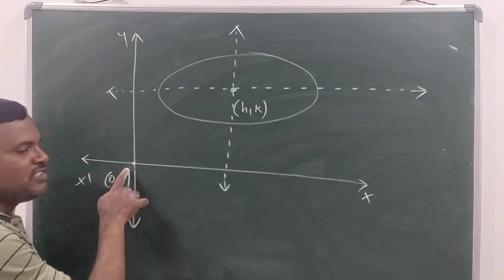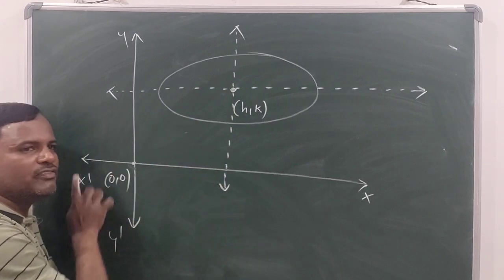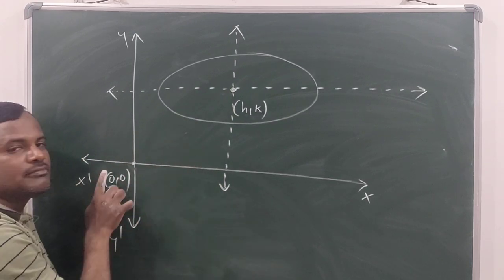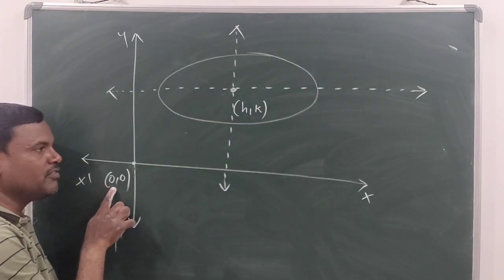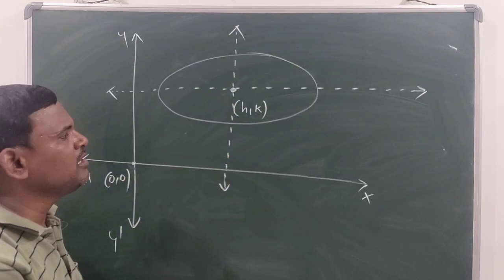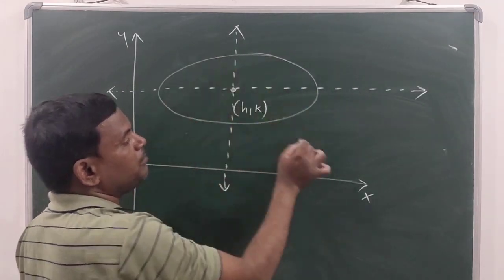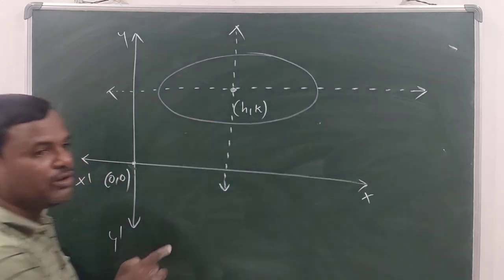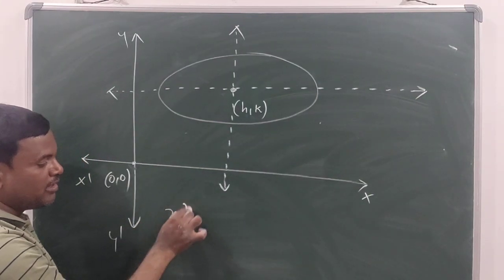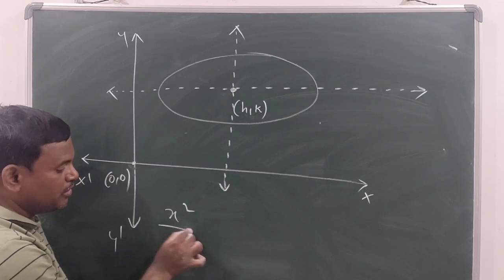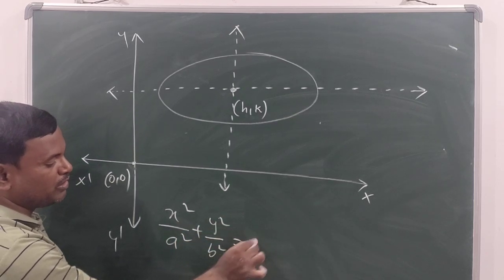So what we have done is shifted the origin from here to this point, and you get an ellipse like this on shifting the origin from 0, 0 to h comma k. Then the equation of this ellipse will be, you know, if the major axis is the x axis, the minor axis is the y axis, and a is greater than b, you got the ellipse equation x square by a square plus y square by b square equal to 1.